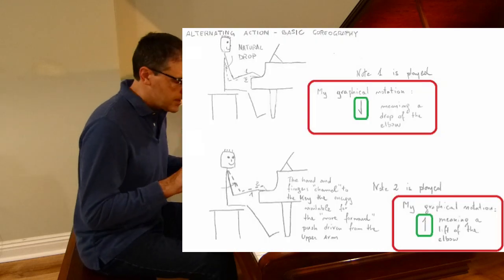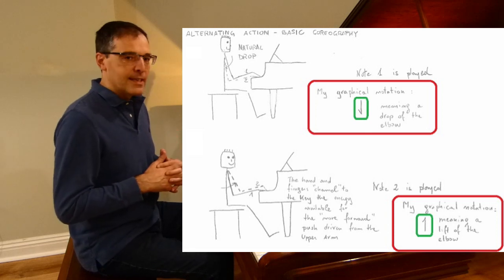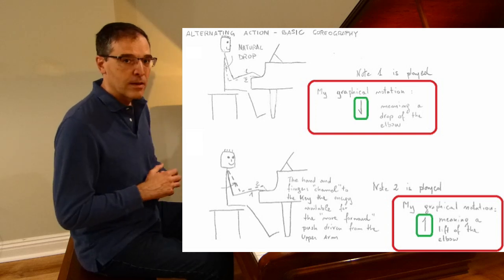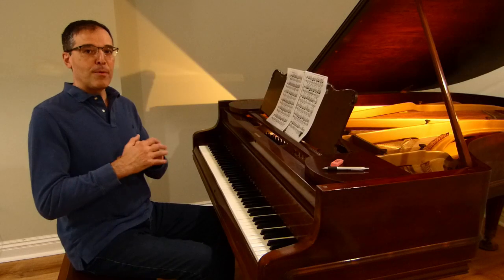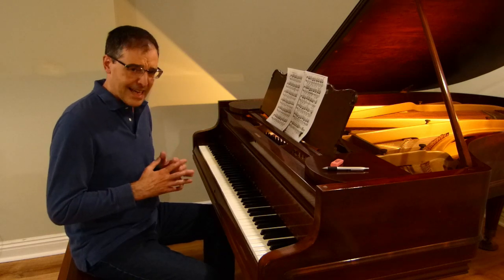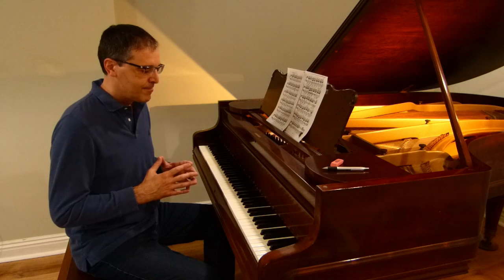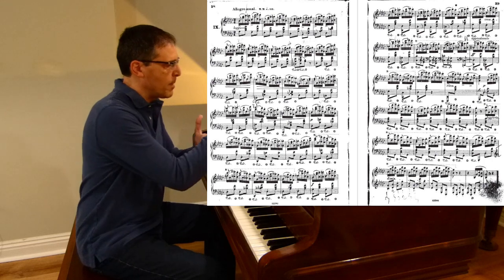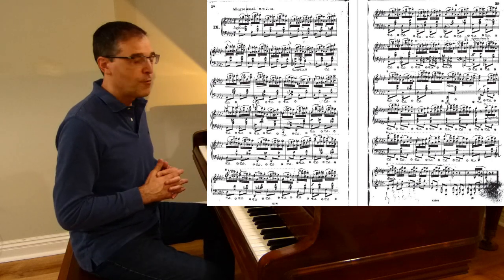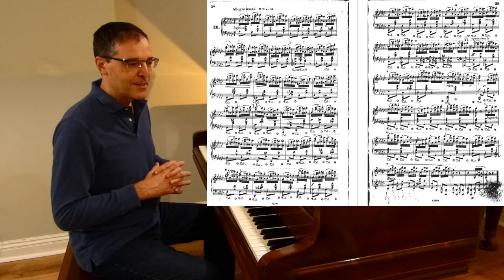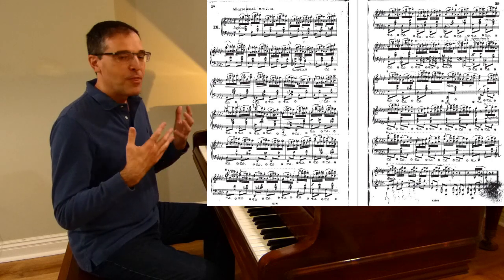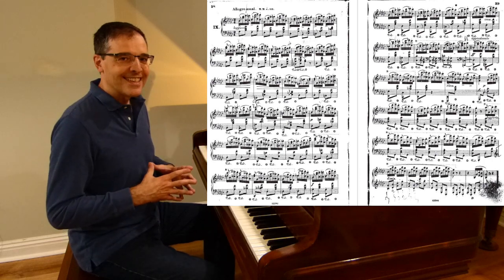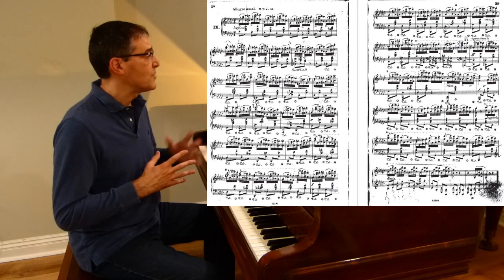I think I explained, I hope sufficiently clearly, this basic concept of the alternating action and how to apply it to this particular bar. The problem is that, as I realized, merely copying and pasting this basic choreography for all the 50-plus bars of this etude is not ergonomic, and not a good way to express this music with sufficient fluidity at the speed that Chopin wants us to play.